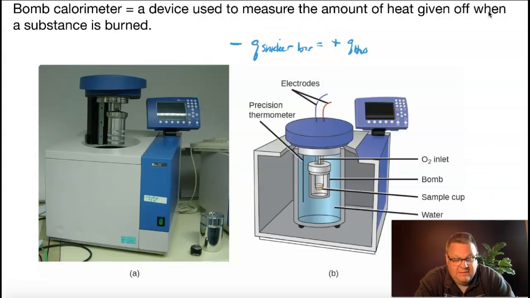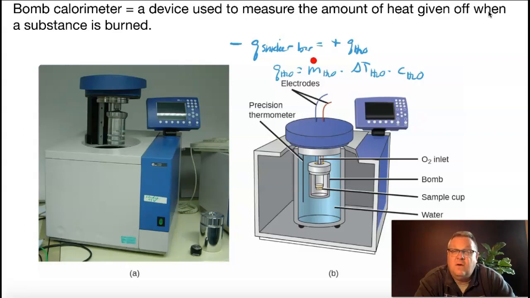Okay, now why is that important? Well, because we can calculate Q water. We can say Q water is mass of the water, specific heat of the water, delta T of the water. Okay, and we're not going to do that on this screen. We'll have several examples coming up, but let's say you have 200 milliliters of water.